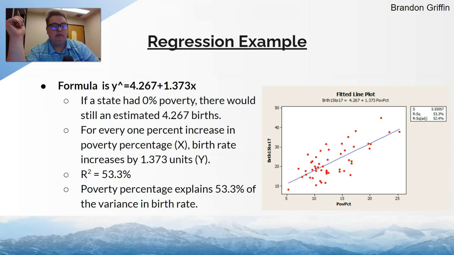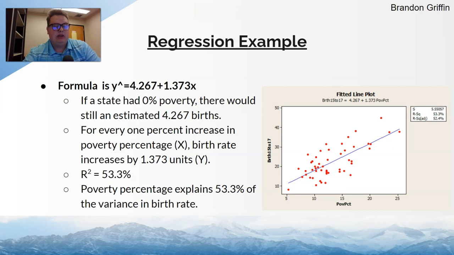But there's something called multiple regression. So I talked about how poverty percentage explained 53.3% of the variance in birth rate. If I wanted to increase that, or if I wanted to uncover a bigger picture, maybe we could test how many of these girls are in high school, or how many are dropouts.